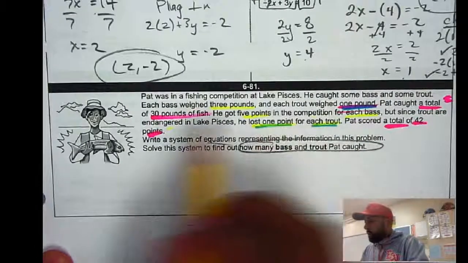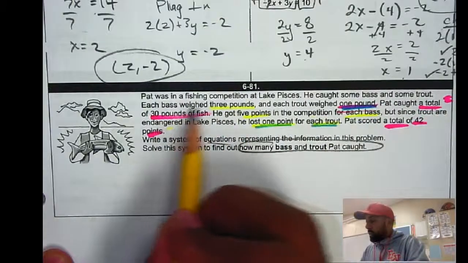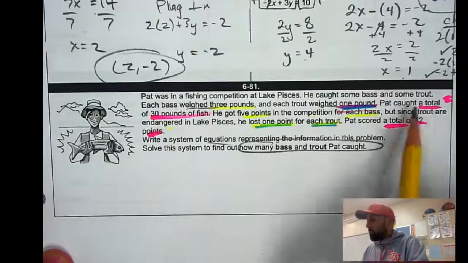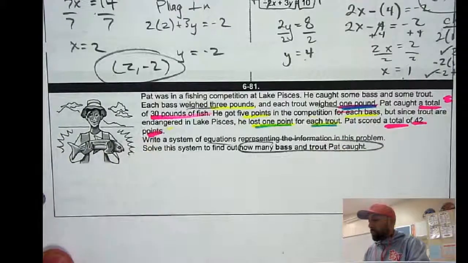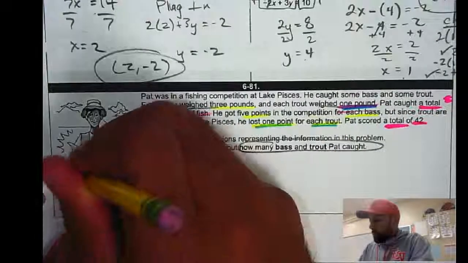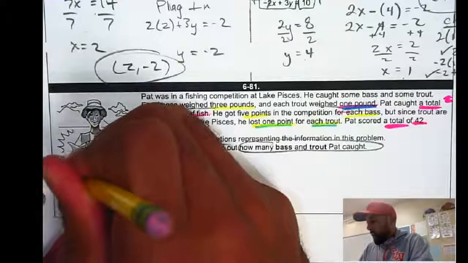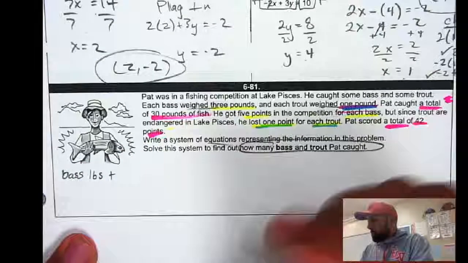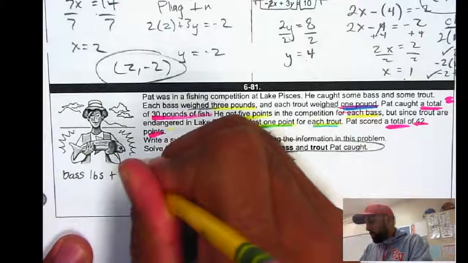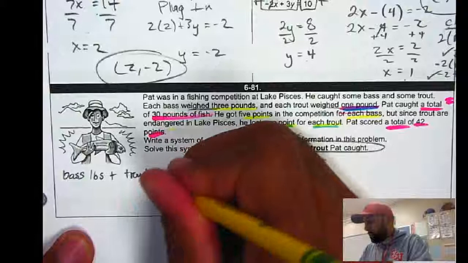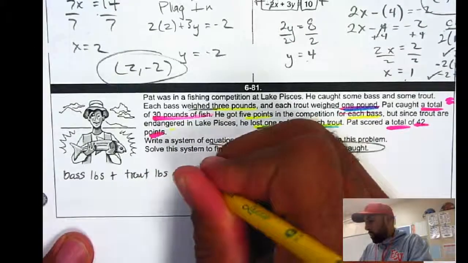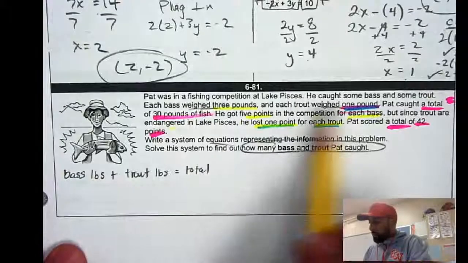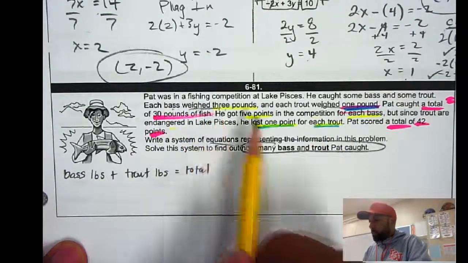So let's look at the first one. So the first sentence, we notice there's one factor of the bass, one factor of the trout, and all that adds up to pounds of fish. So the bass pounds plus trout pounds is equal to the total pounds, okay? So let's represent that with an equation. So it says every bass weighs 3 pounds.